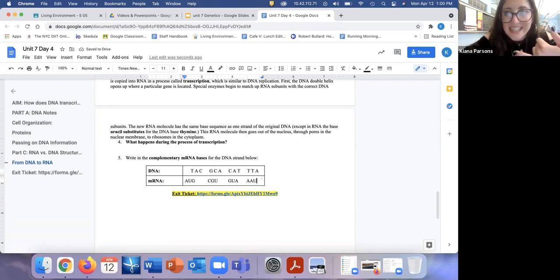So again, there is adenine in DNA, but even I make mistakes sometimes. There is no thymine in RNA. So when you see A, you're pairing it up with U. When you see T, you're still pairing it up with A.